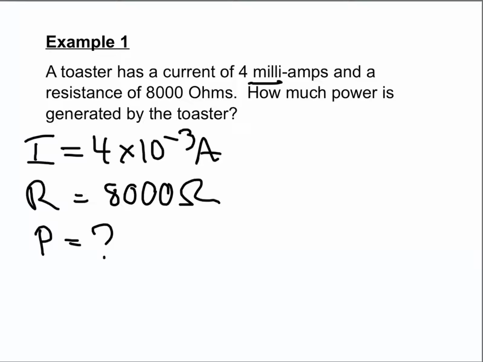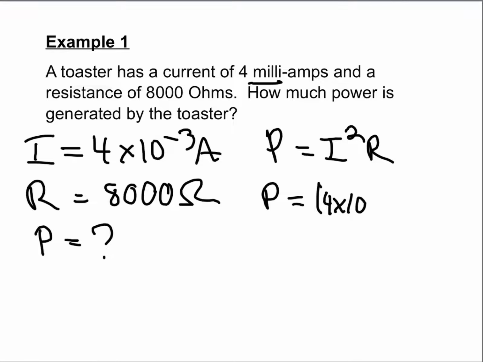I have I, I have R, so I'm going to say P equals I squared R. Okay, so P equals 4 times 10 to the negative 3 squared times 8,000 ohms.